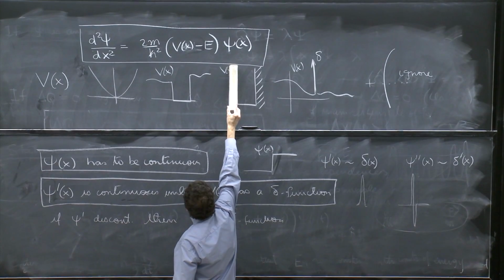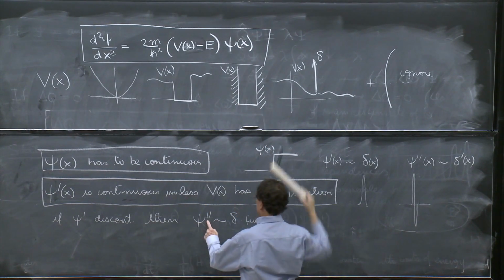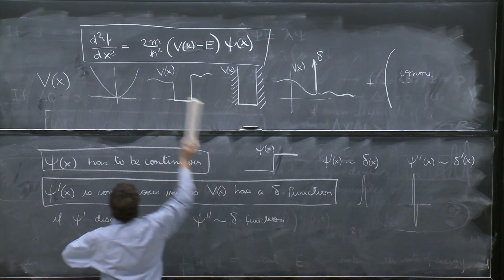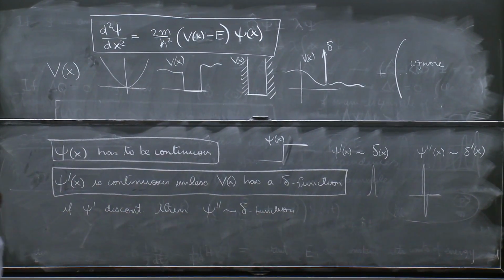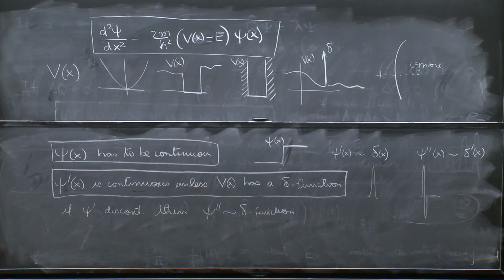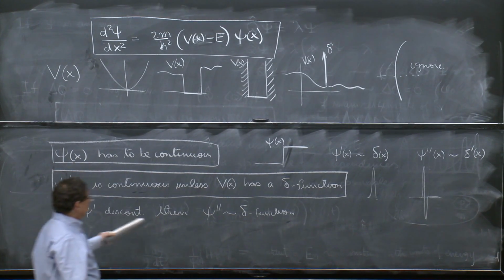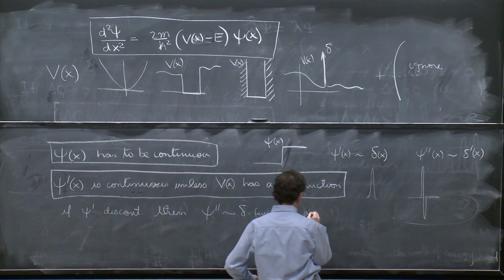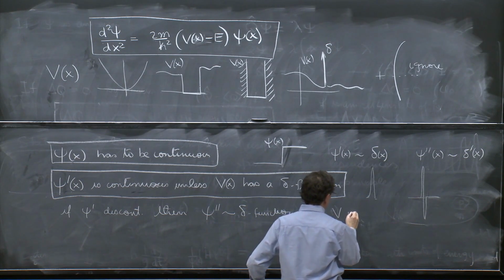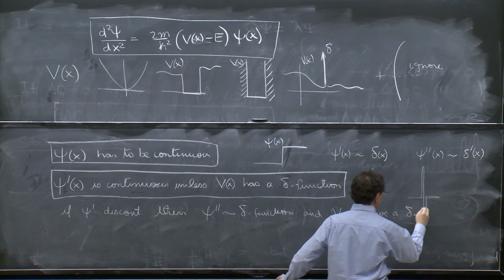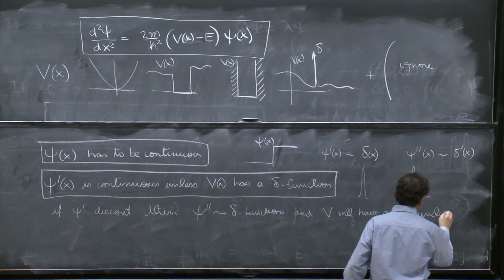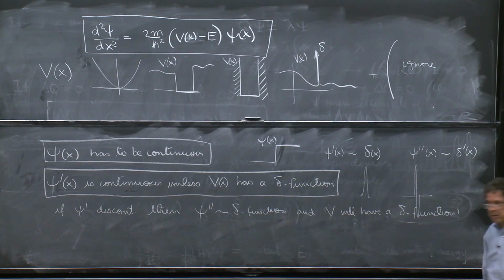There's nothing strange about it. In order for a delta function, which is psi double prime, to be equal to this right-hand side, V of x must have a delta function. So it will be a somewhat singular potential, but we're going to look at them in about a week from now.